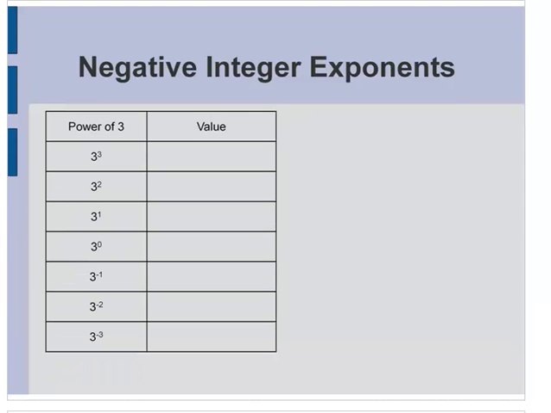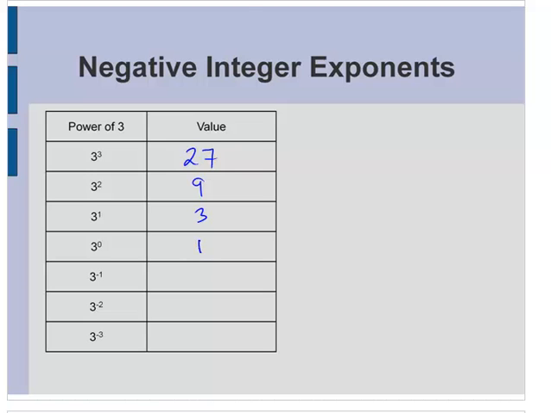In an earlier section, we developed a pattern with exponents that helped explain what happened when we got 3 to the 0 power. We saw that 3 to the third was 27, 3 squared was 9, 3 to the first was 3, and 3 to the 0 was 1.